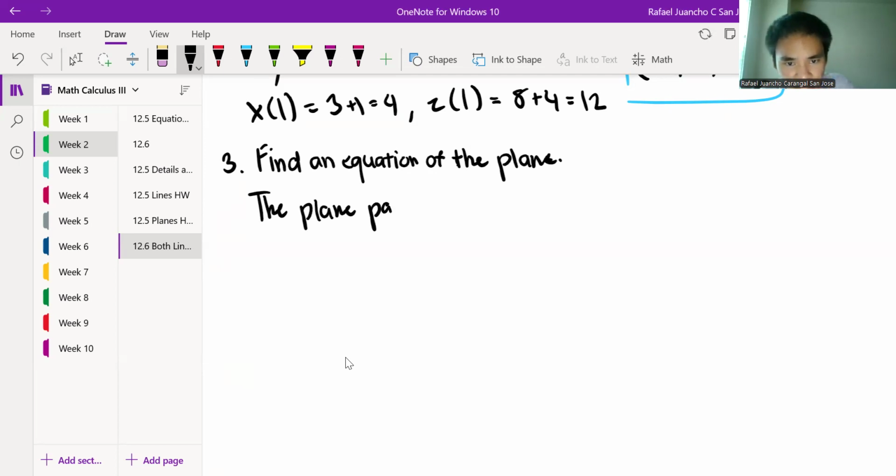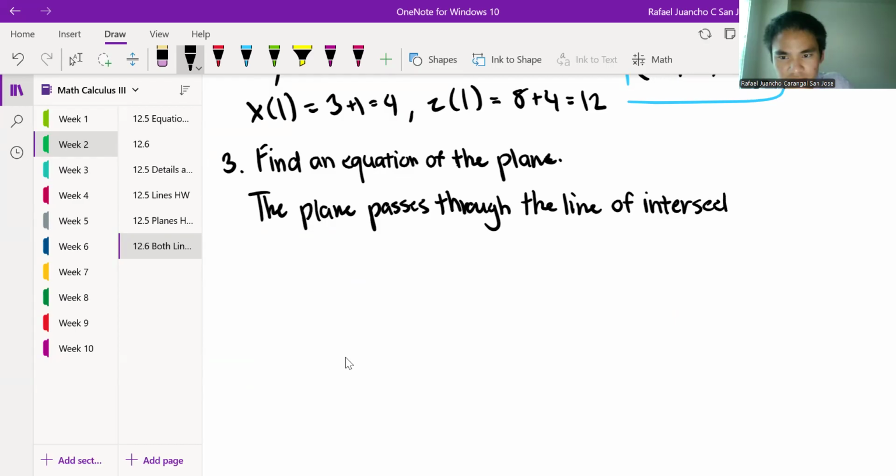The plane passes through the line of intersection of two other planes.